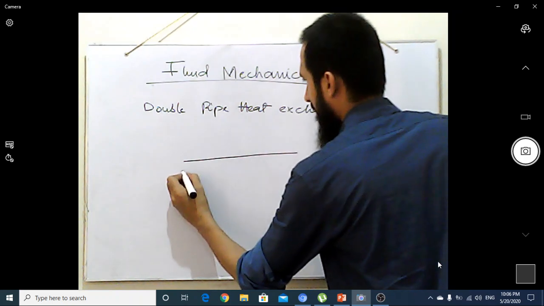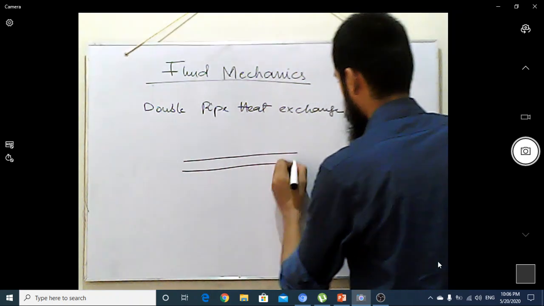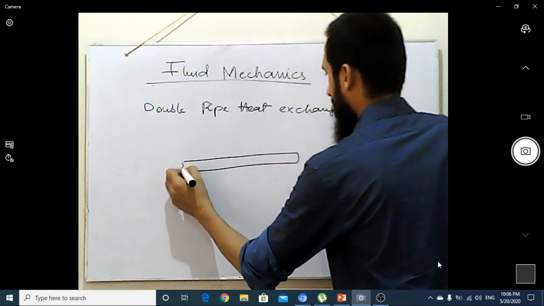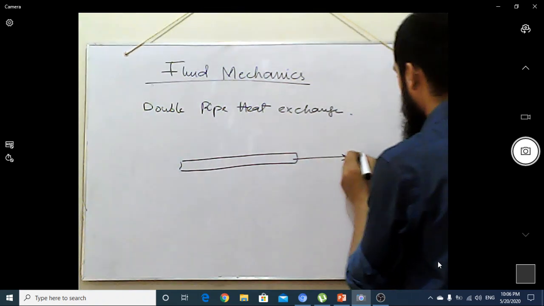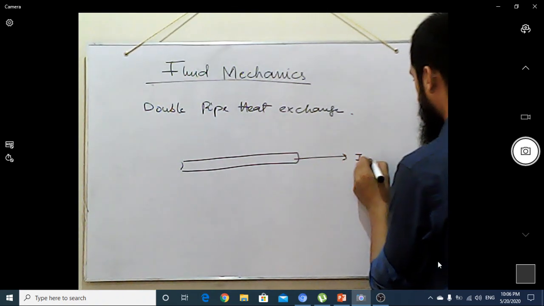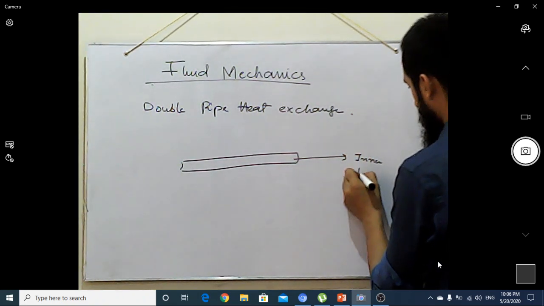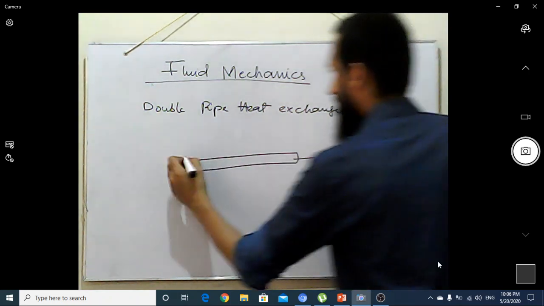Let's suppose we have an exchanger. This is the inner pipe, and this is the jacketed pipe.